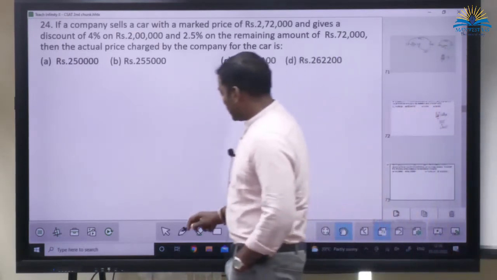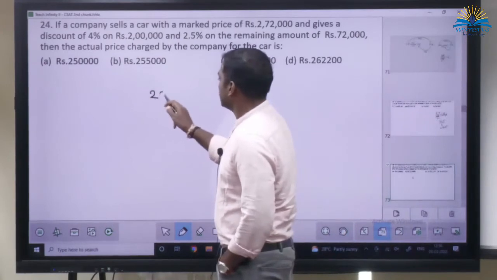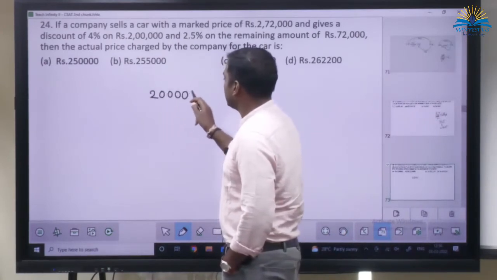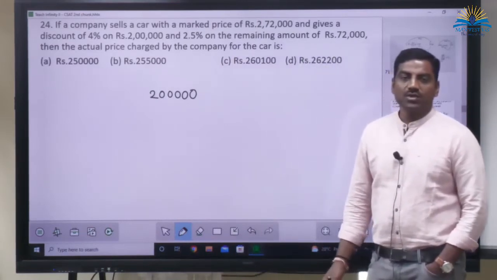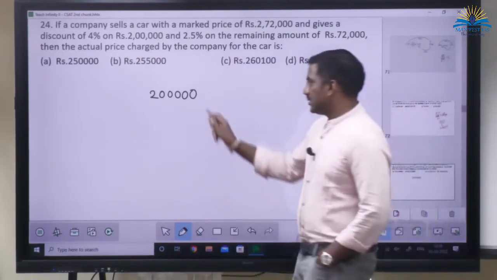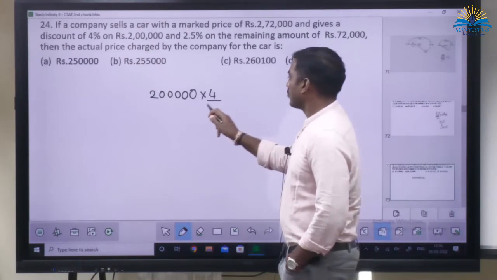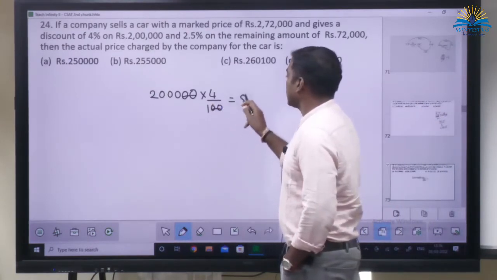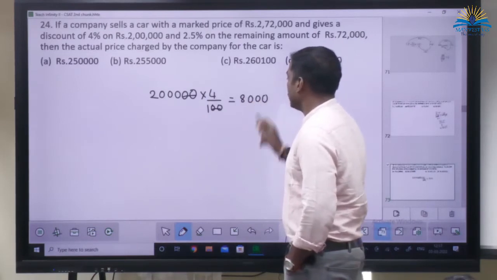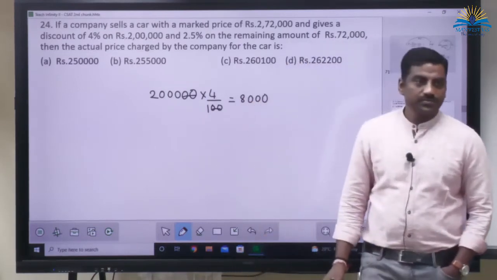So on the first 2 lakhs, how much is the discount? 4%. So what is the discount on the first 2 lakhs? 8,000 rupees. Okay.